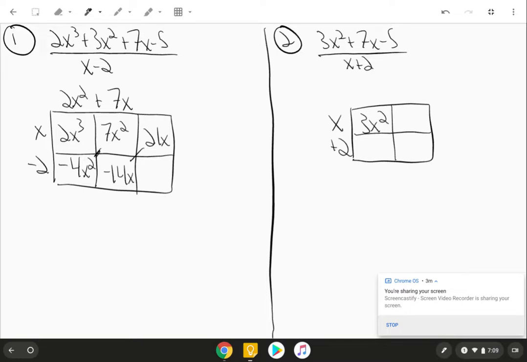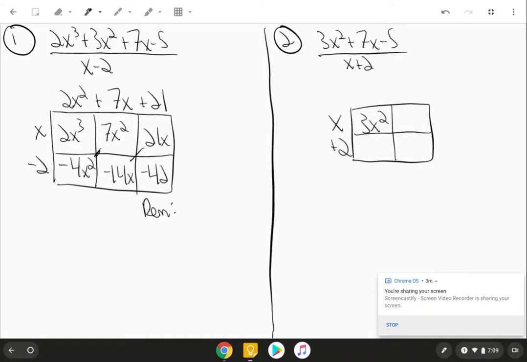And x times 21 is 21x. That's going to make this last one negative 2 times 21, negative 42. Obviously, that means there's a remainder here. So what is my remainder? The constant term I got was negative 42, and the constant term I need is negative 5.